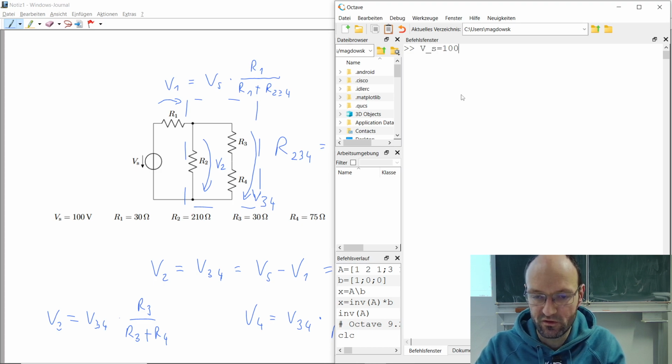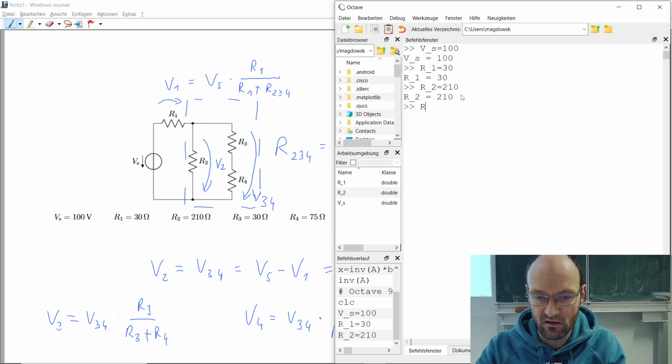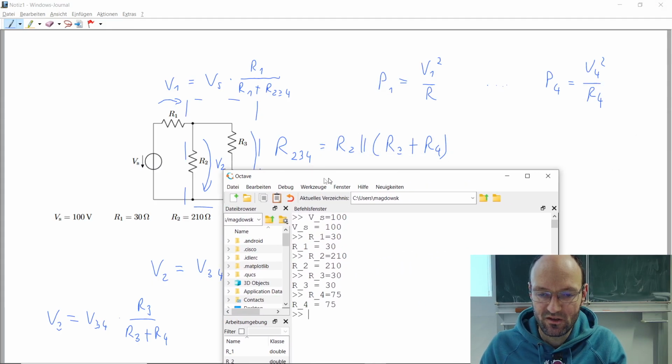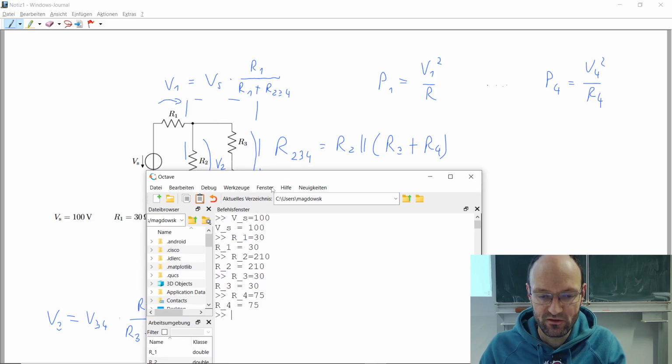So the source voltage is 100 volts, R1 is 30, R2 is 210, R3 is another 30, and R4 is 75. And then we can insert the voltage divider here and say, okay, V1 is V source multiplied. Okay, and we need to have the equivalent resistance first.